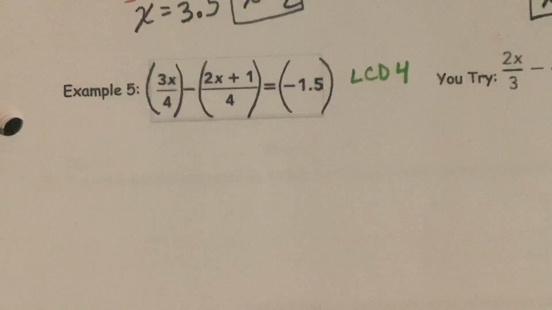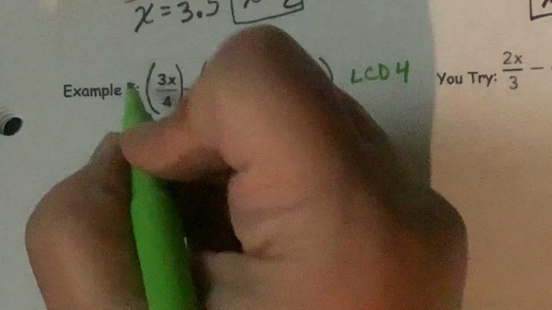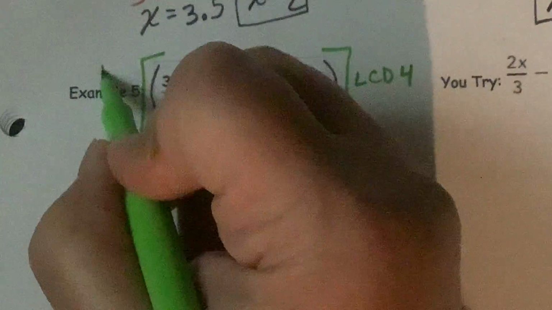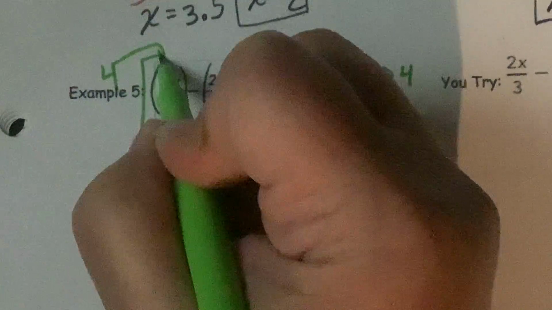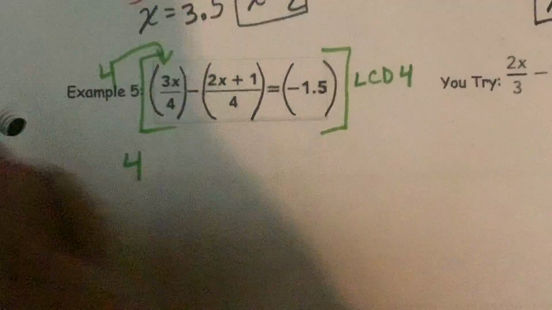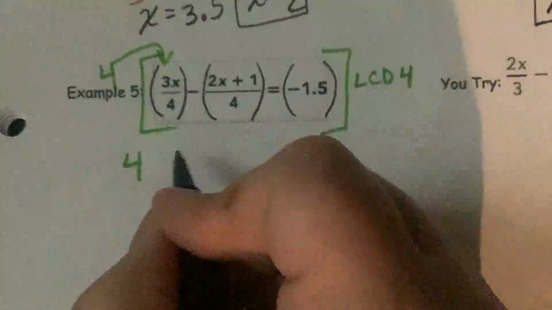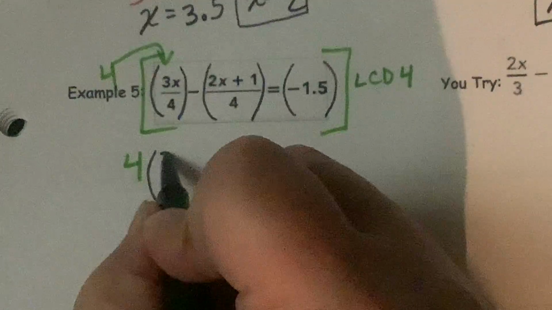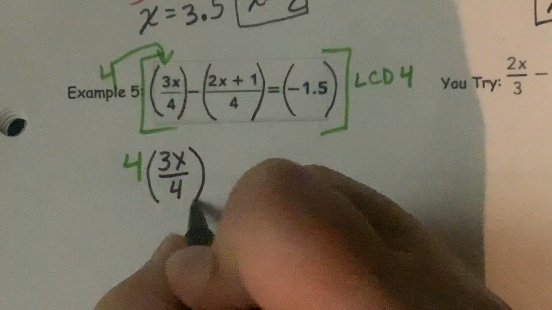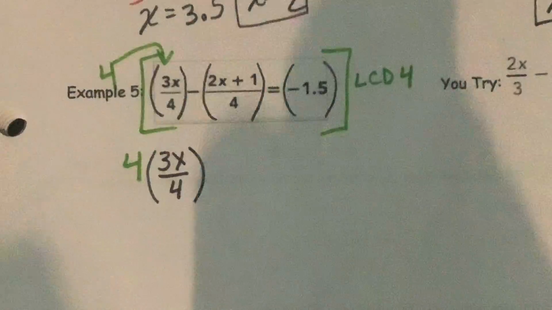So, here's my LCD, and I'm going to multiply everybody here times 4. So, 4 times 3/4 x, 4 times 3x over 4. Now, I didn't multiply it.